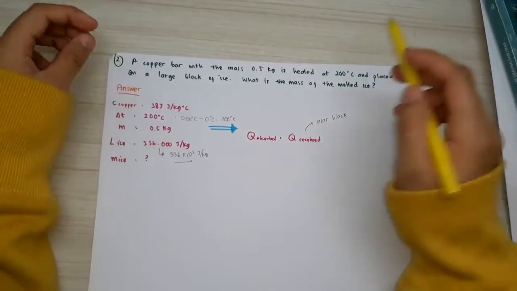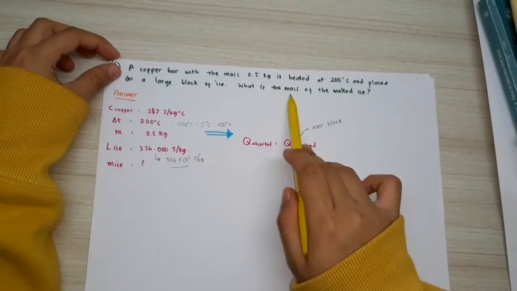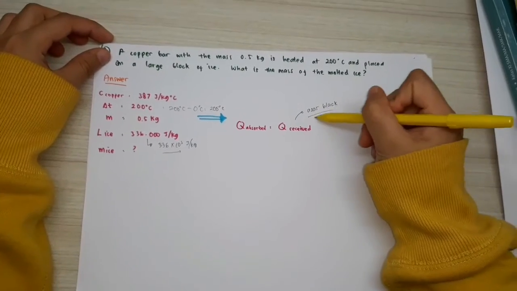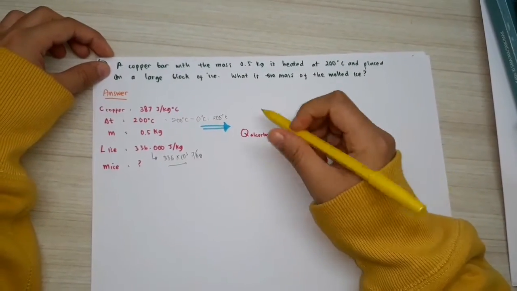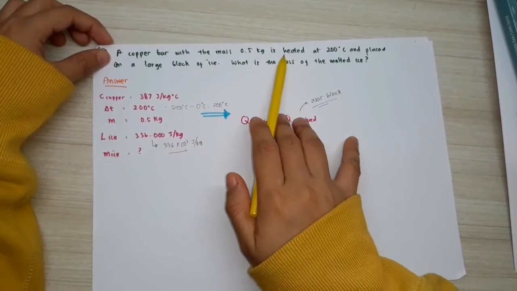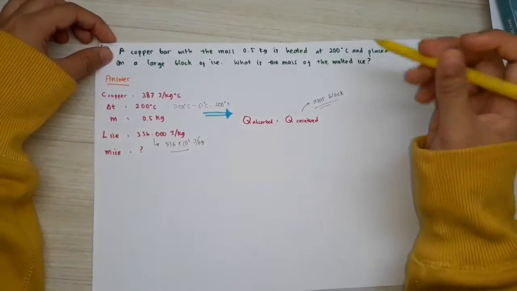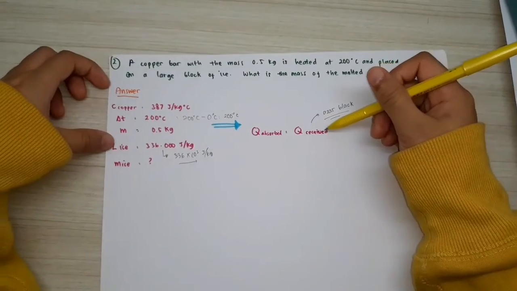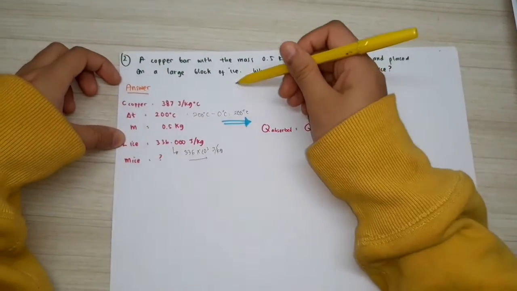Okay, and what is the question? What is the mass of the melted ice? Don't forget what I said before, we use Black's principle. Q absorb is Q of the copper, and Q release is from the ice.